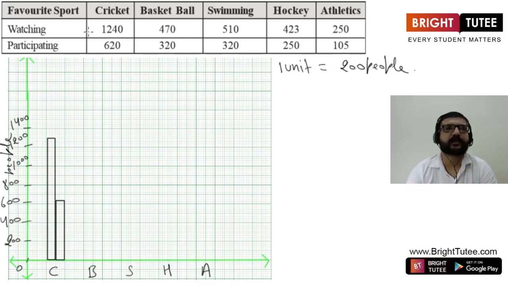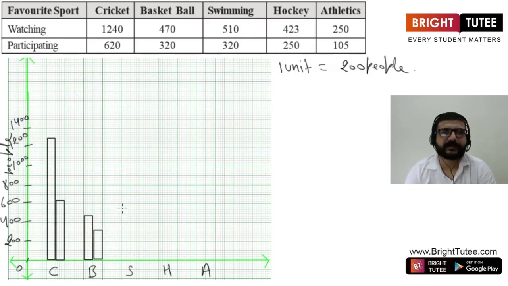Now for basketball, the number of people watching is 470. So it will be like this, and then the number of people participating in basketball is 320. So it will be like this. And then for swimming it is 510.